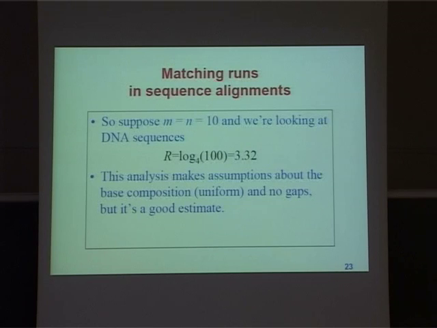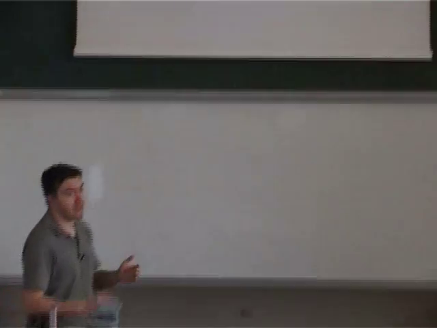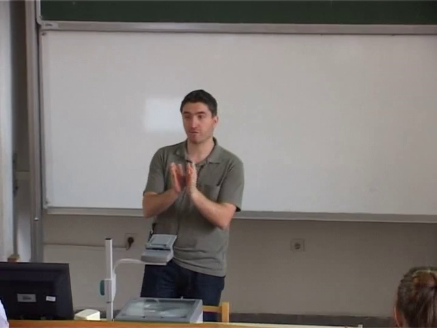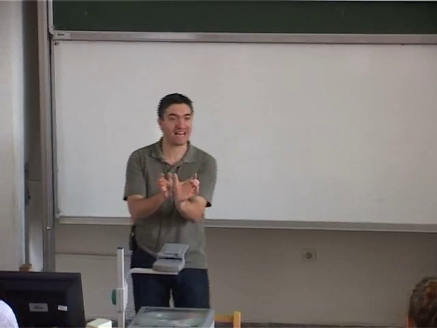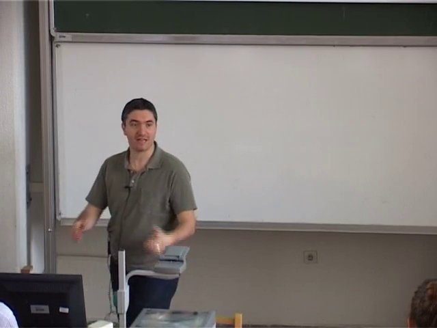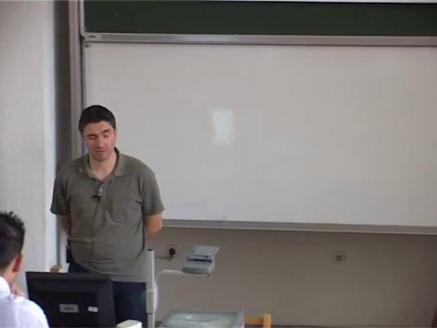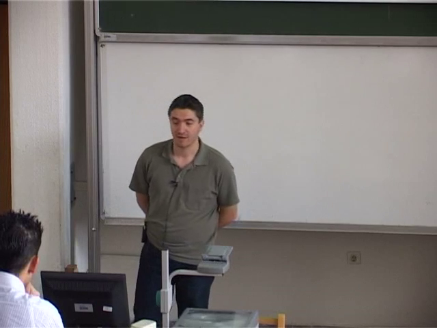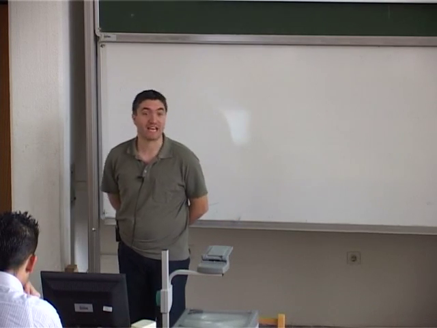And here's an example. If we have two DNA sequences of length 10, they are not very long, and if in your alignment you see an exact match of 3 nucleotides between these DNA sequences of length 10, this is actually expected.